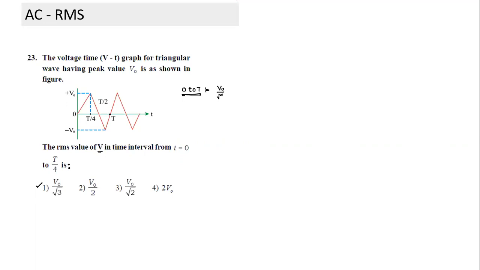Why is that so? The RMS value from 0 to T by 4 is V0 by root 3. The maximum is V0 and 0. From T by 4 to T by 2, also the same value. Here also the same value. All four equal time intervals have RMS value V0 by root 3. So all put together, 0 to T also will be equal to V0 by root 3.